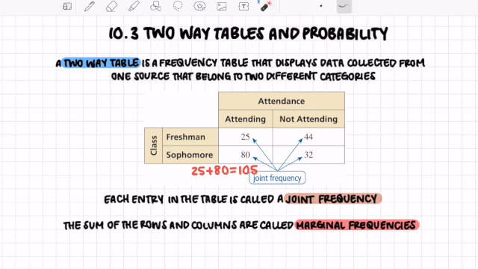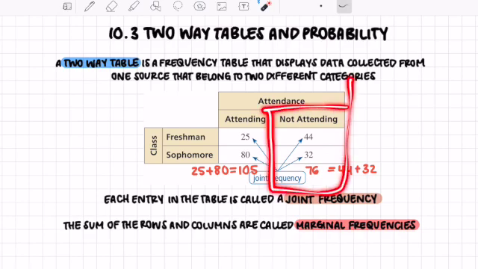So in total for the freshmen and sophomores, 105 of them attended. While over here, if I add up the 44 and the 32, that would equal 76. That would mean that 76 of them did not attend.